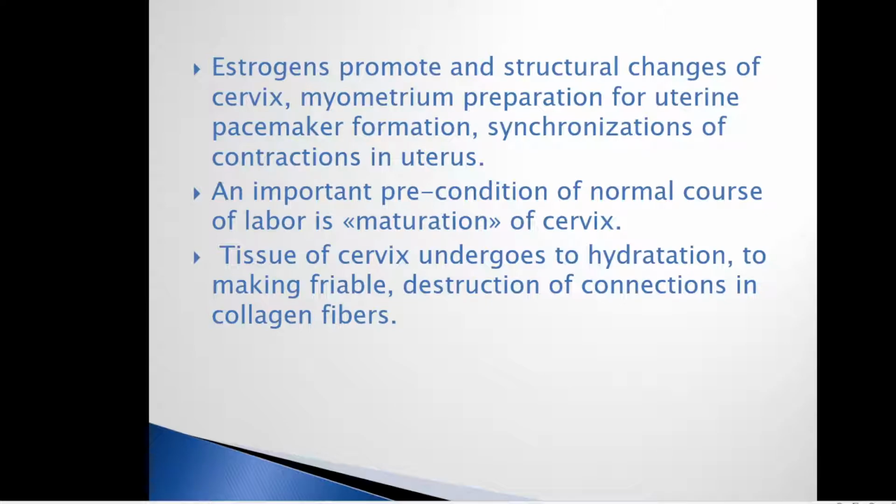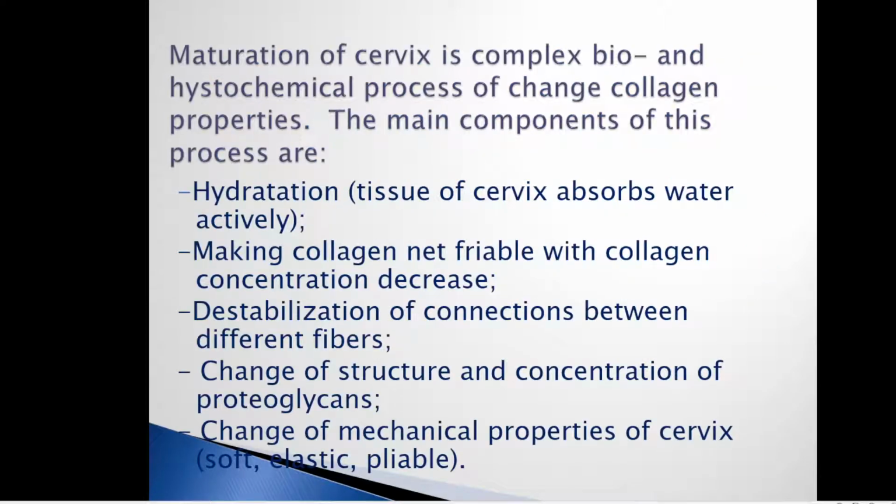An important precondition of normal course of labor is maturation of cervix, which we check according to Bishop's score. Tissue of cervix undergoes hydration to become friable, with destruction of connections in collagen fibers. Maturation of cervix is a complex bio- and histochemical process of change of collagen properties.